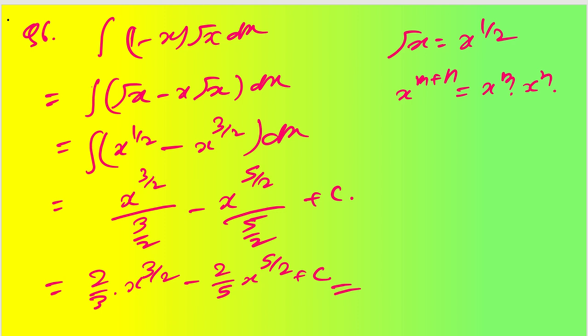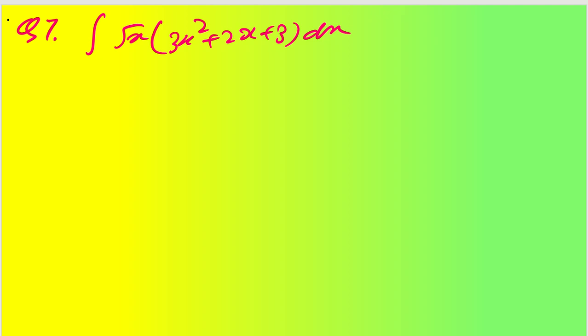Let us take some more questions so that you can have a proper understanding. Question is integration of square root of x into 3x square plus 2x plus 3 dx. Same way, you have to multiply root x with all the terms so that you can make single terms.